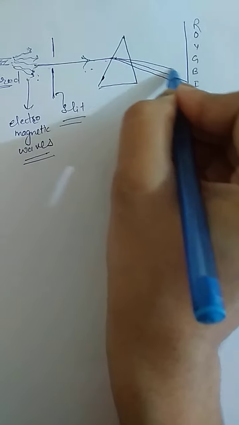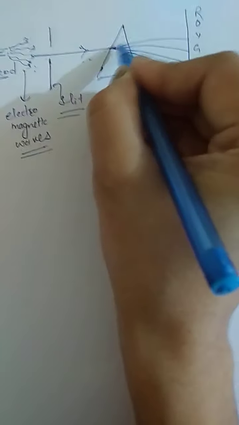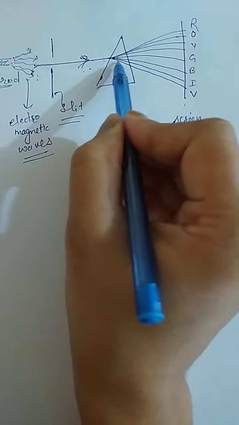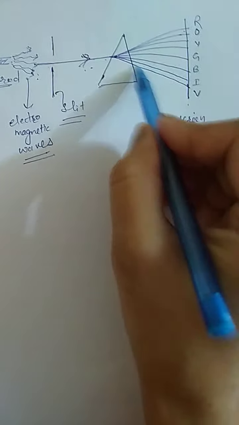You can learn these colors by a trick, VIBGYOR. You will observe that there is maximum deviation for V, which indicates violet color, I for indigo, B for blue, G for green, Y for yellow, O for orange, and R for red color.